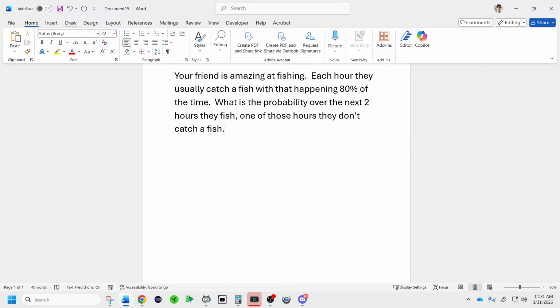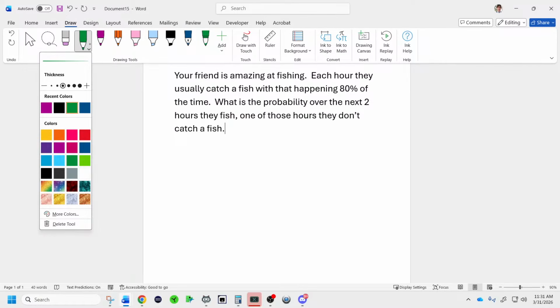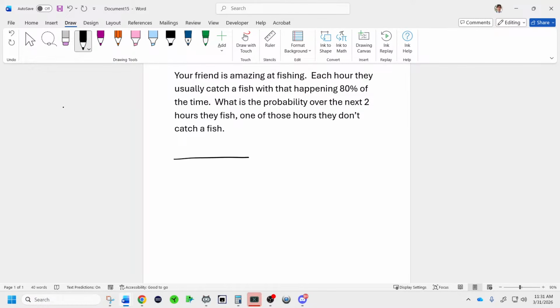So what will happen for your friend catching fish here? What are the two things that could happen during an hour of catching fish? Event A and the probability of event A. They either catch a fish or they don't catch a fish.